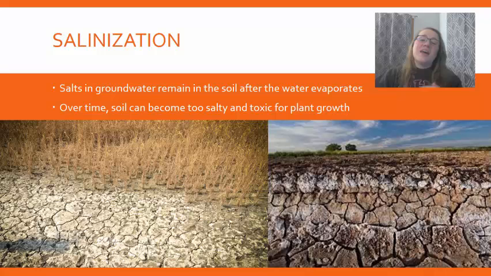And that salt can accumulate within that soil, and eventually that soil can become way too salty to be able to grow any plants. So while that irrigation could be good in the short term, if that water that's being pumped onto the field contains too much salt, that could be very detrimental to the field in the long run.